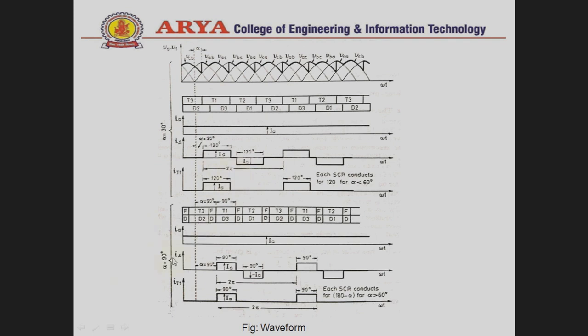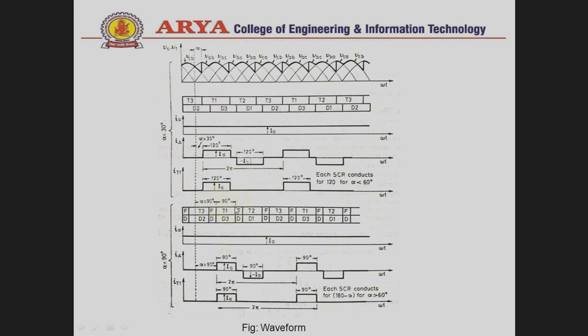In another waveform, if we consider alpha as 90 degrees, meaning alpha is more than 60 degrees, then the freewheeling diode will conduct. If we consider this point is 30 degrees and we apply alpha as 90 degrees, that is 30 plus 90, which is 120 degrees. T1 conducts for 120 degrees, and then the shifting is applicable here.